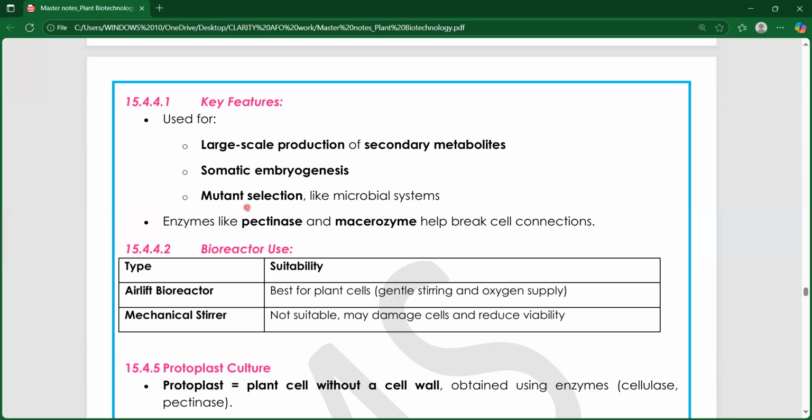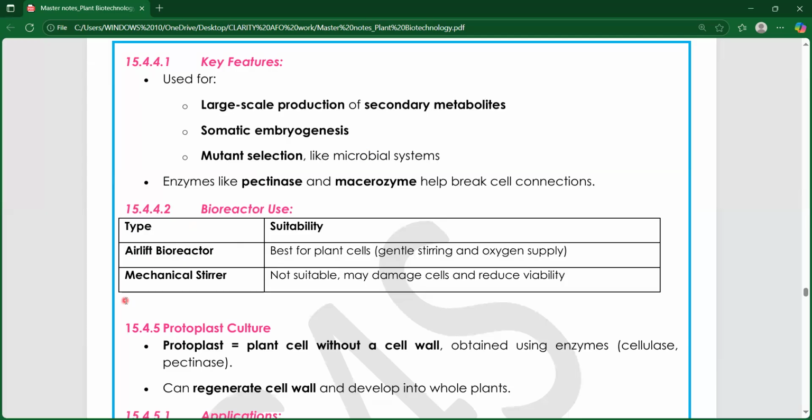Okay, then it can also be used for genetic transformation studies. Then there is also a possibility of large scale culture carried out in an airlift bioreactor, which provides gentle aeration and stirring without damaging the cells. Okay, so here we have discussed the important bioreactors and the applications of cell suspension culture.